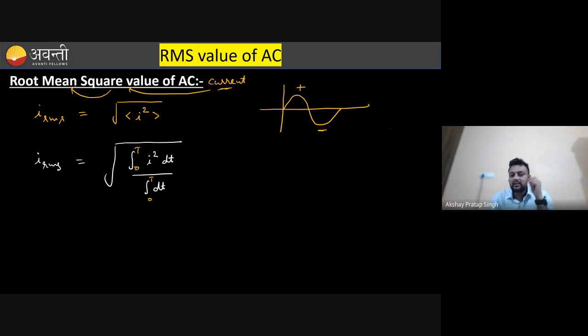But if you square the function, all the values will be positive and equal for each half cycle. That means IRMS is same. This is the punchline I'm saying. IRMS is same for half cycle, two half cycles, or one full cycle or long time. For every time, the RMS value is going to be same.